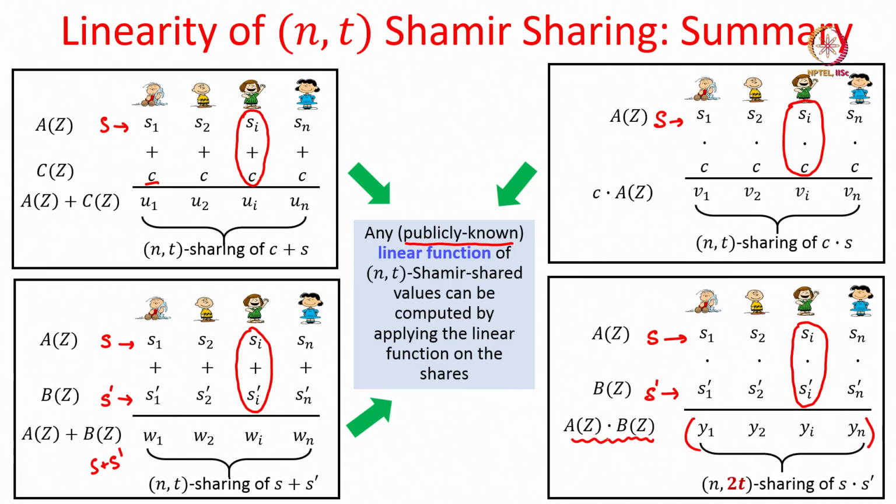So, this polynomial A times B is a 2t degree polynomial, and its constant term will be the product of the constant terms of the A polynomial and B polynomial, which is S times S prime.